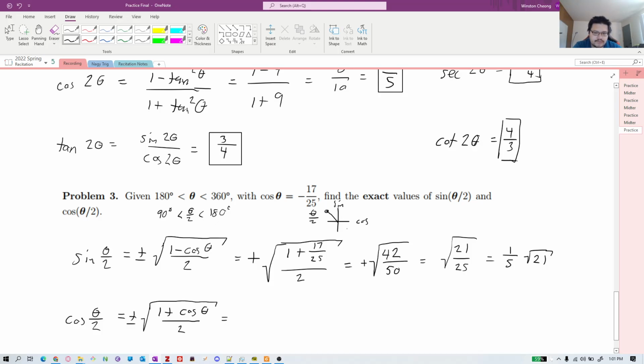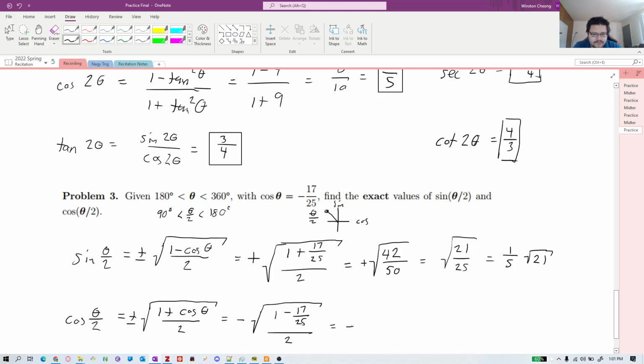And in this case, cosine is negative. We want the negative solution based on the quadrant that this theta over 2 is in. So we want the negative guy now. And then we have 1 plus, no, not plus. The cosine is negative, so it's going to be 1 minus. Okay, 1 minus 17 over 25, all over 2.